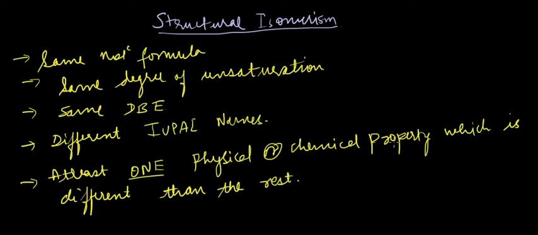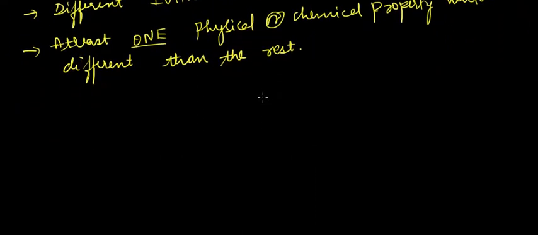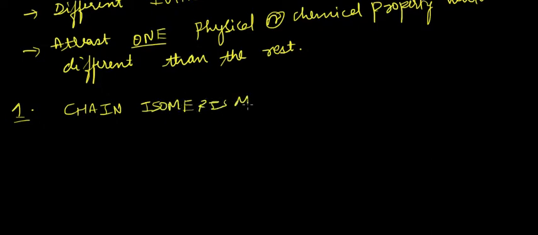Okay, so now we'll be starting off with looking into the different categories of structural isomerism, and first we will pick up chain isomerism. First is chain isomerism. So what is chain isomerism?